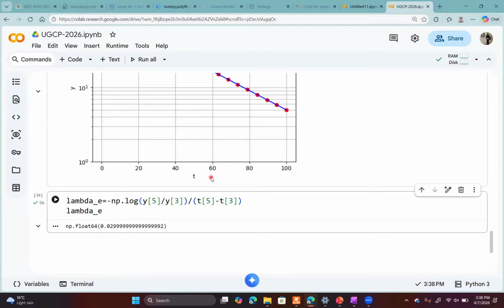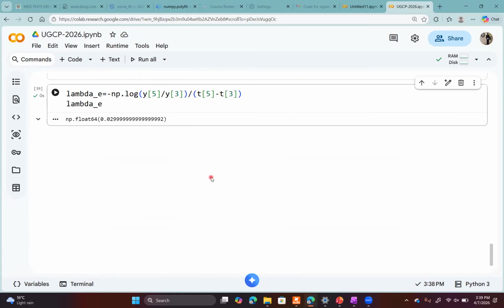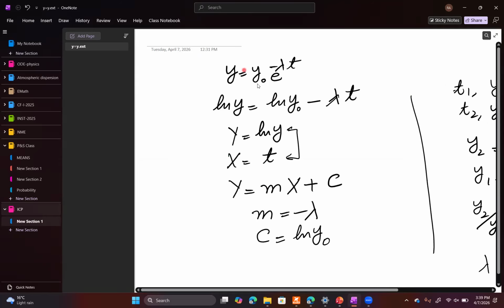A quick way to get the exponential recognition is to plot the data on semi-logarithmic scale. However, on semi-logarithmic scale, we do not barely calculate the slope like y2 minus y1, right? We have to make a modified calculation, a calculation which is consistent with the mathematical expression of the function, right?